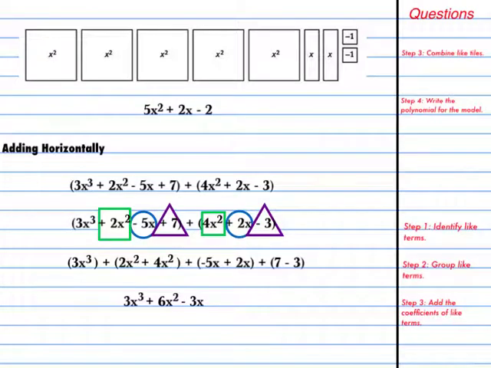And that gives me a negative 3x, so minus 3x. And then 7 subtract 3 gives me 4. So based on this, adding horizontally, I was able to simplify down to the correct equation. Take a moment, pause, copy before continuing on.